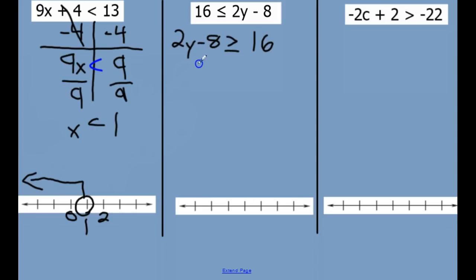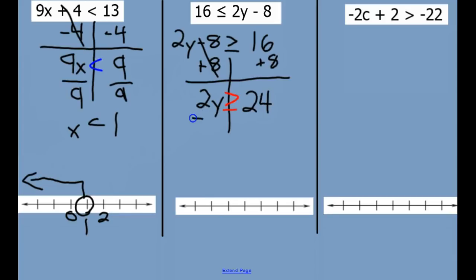How we get rid of this 8 is we do the opposite of minus, which is add. Add 8 to both sides. What we're left with is 2y is now greater than or equal to 16 plus 8, which is 24.